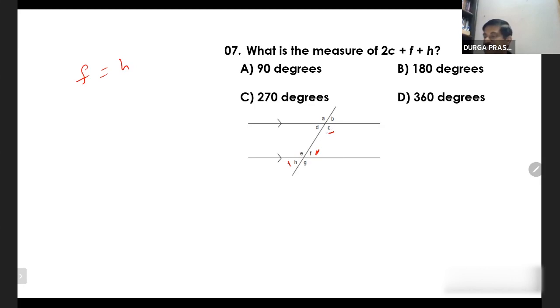C is equal to 180 minus F. So 2C is 360 minus 2F. What is the measure of 2C plus F plus H?